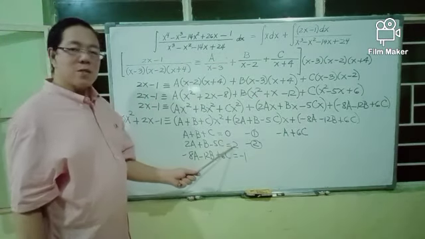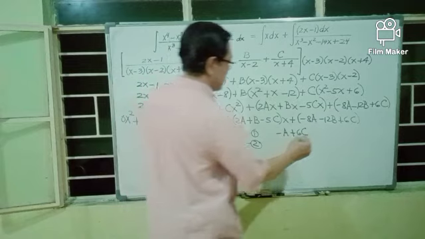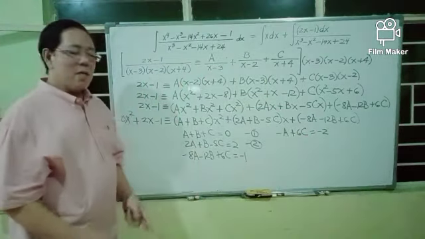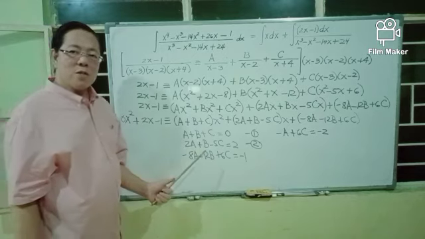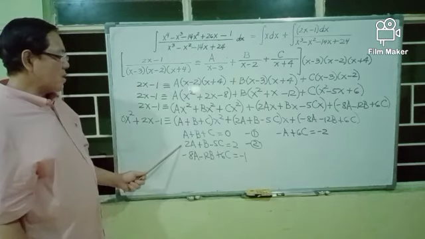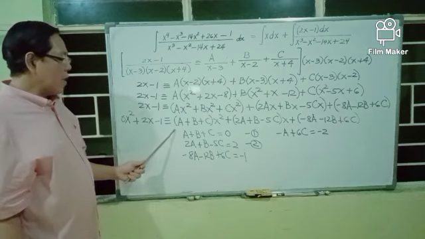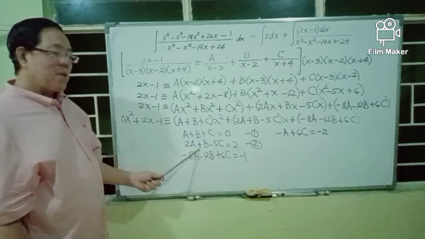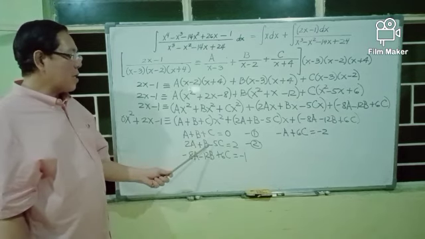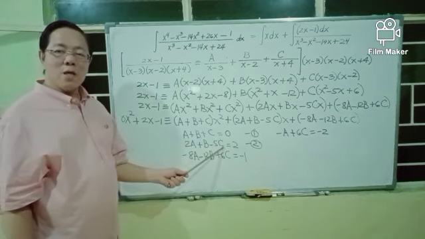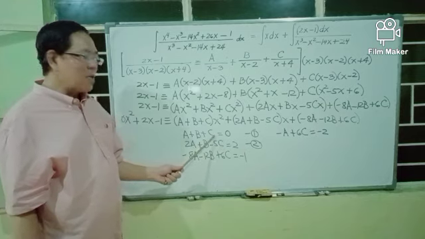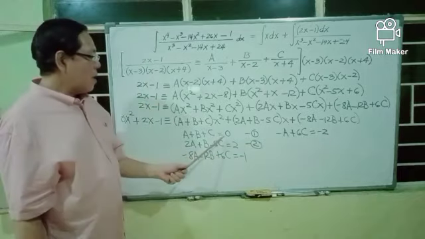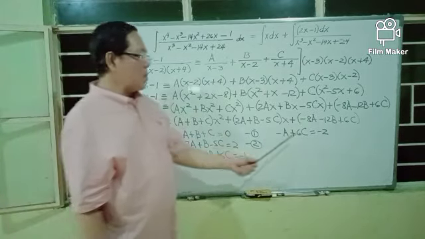And 0 minus 2 is negative 2. Again, I eliminate the variable b by subtraction. We subtract equation 2 from equation 1. Or a minus 2a is minus a. B minus b is 0. C minus negative 5c is equal to c plus 5c. We get 6c. At the left hand side, 0 minus 2 is negative 2.